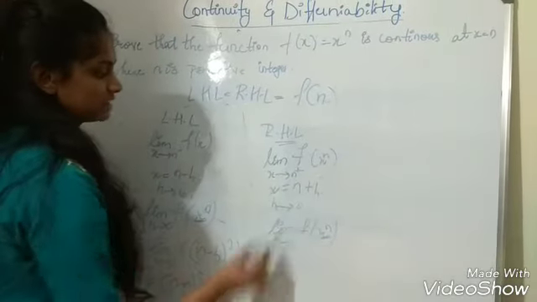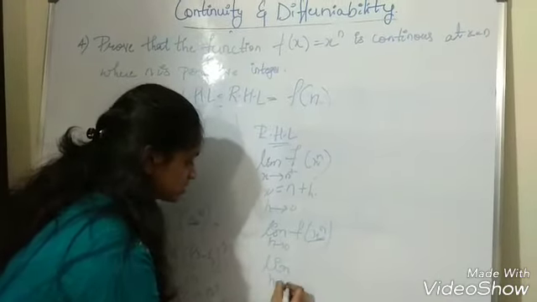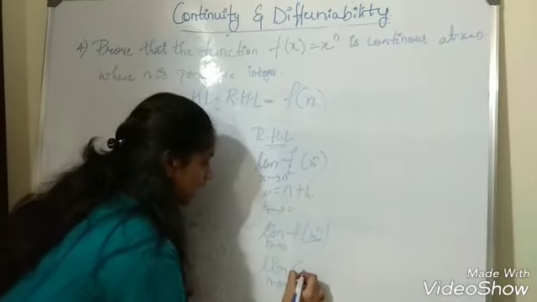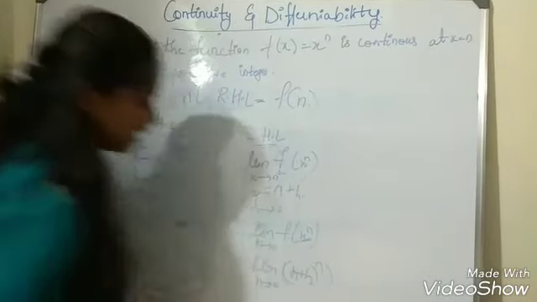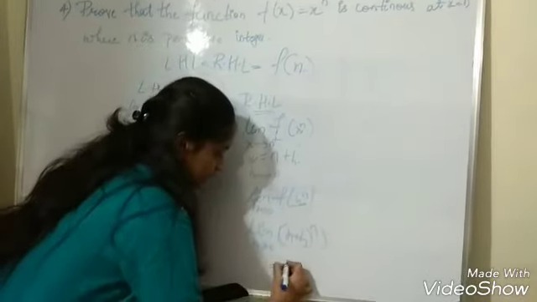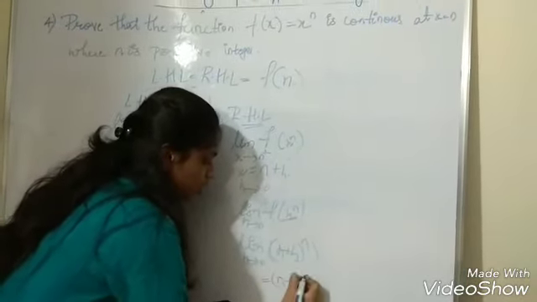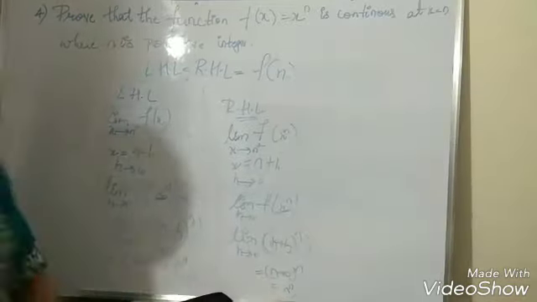As the value of x is n plus h, we write limit h tends to 0 of n plus h whole to the power n. As h is tending to 0, h becomes 0 and we get n plus 0 whole to the power n, which is n to the power n. So its right hand limit is also n to the power n.